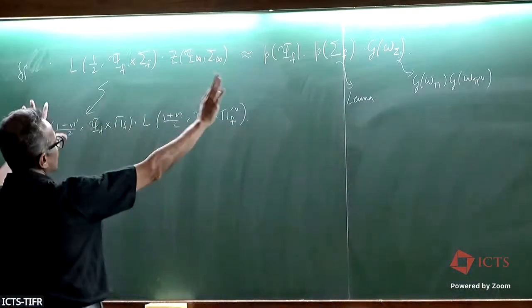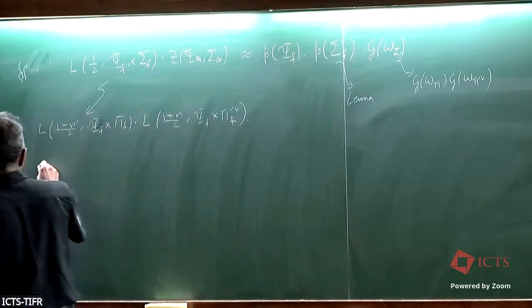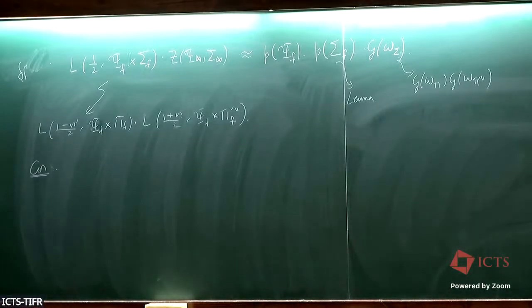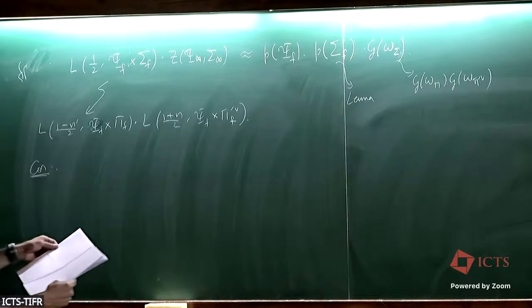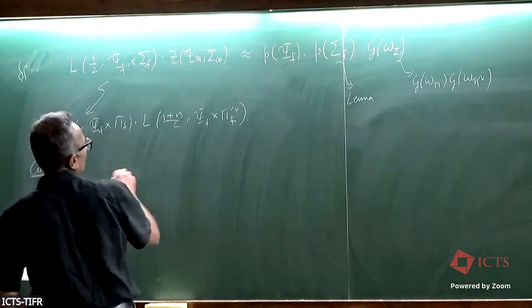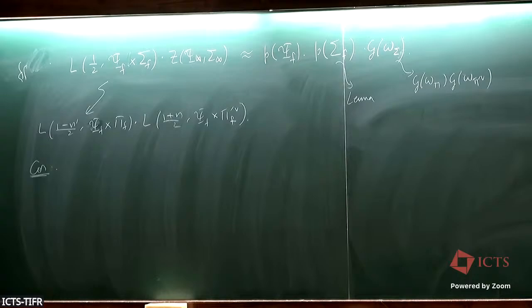So if we take this and massage it a little, we get as a corollary, let me denote this particular L value as M0.